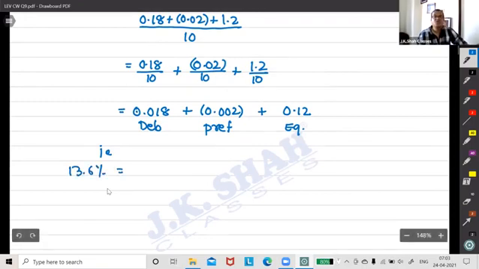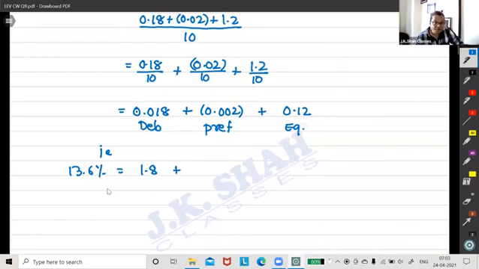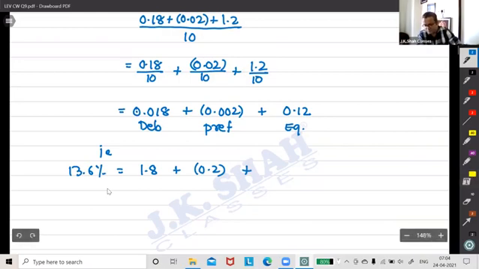So 13.6% is equal to how it comes. 0.018 as a percentage, so multiplied by 100, you get 1.8%, plus negative 0.002 into 100, negative 0.2, plus 0.12 into 100, it's 12.